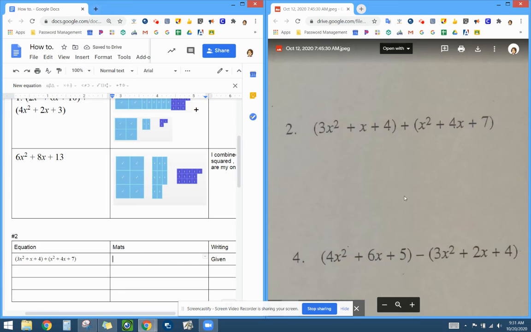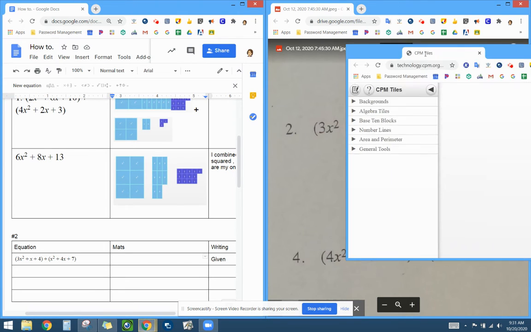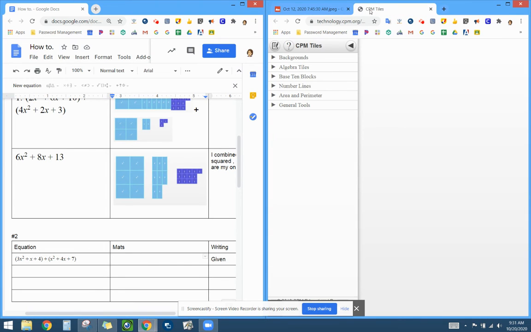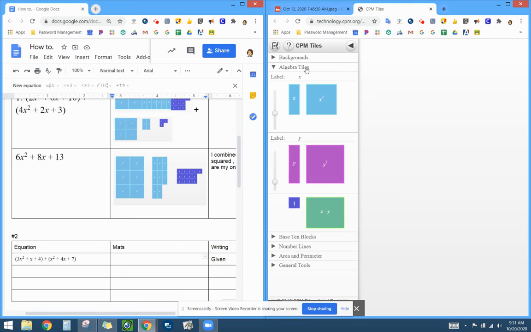The next thing we do is we draw this in tiles. So here I have my tiles, and I have my algebra tiles. In my algebra tiles, you'll notice that the first one was 3x squared. So I'm going to drag them out.